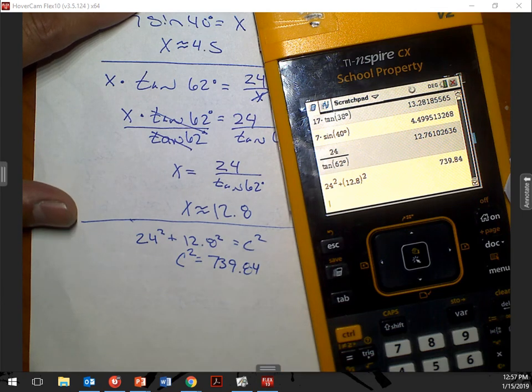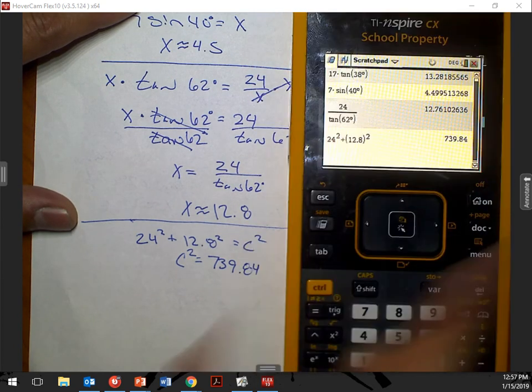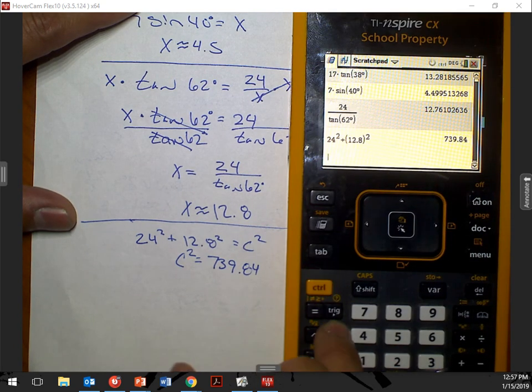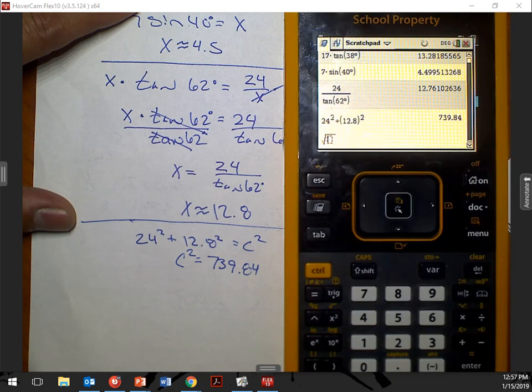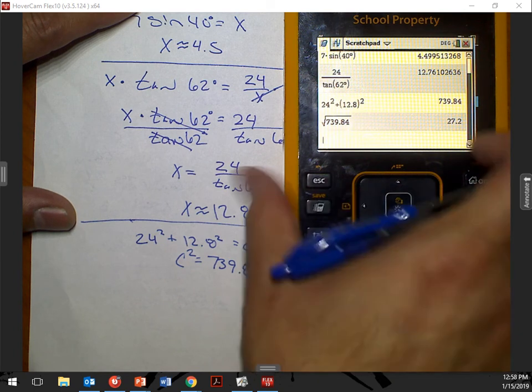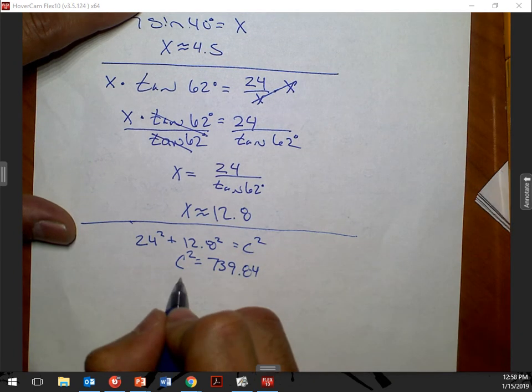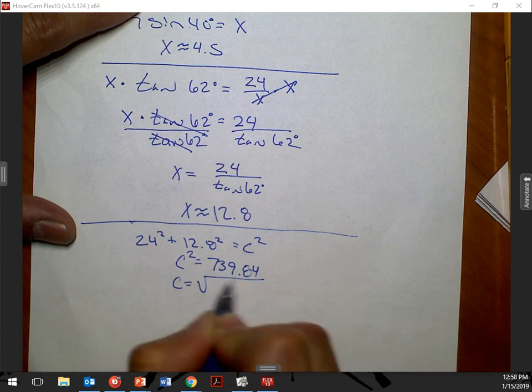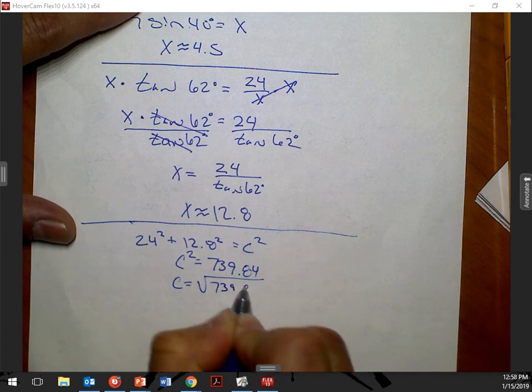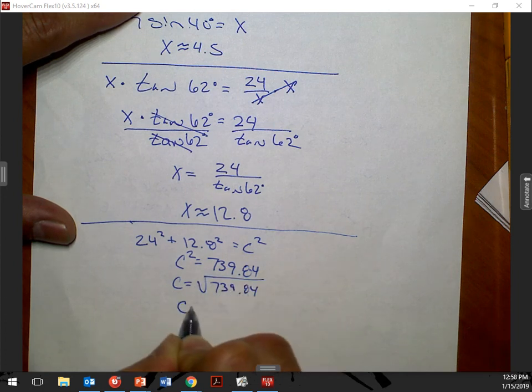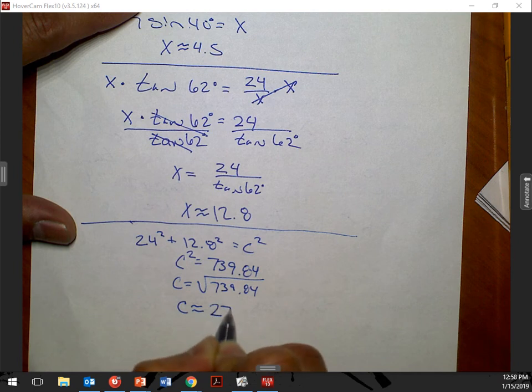How do I undo a square? Square root. So I'm going to square root both sides. So control, square root, and I go 739.84, 27.2. So C is going to be about 27.2.